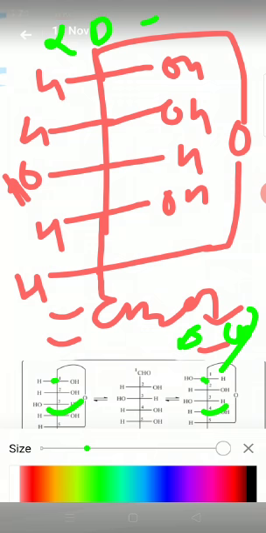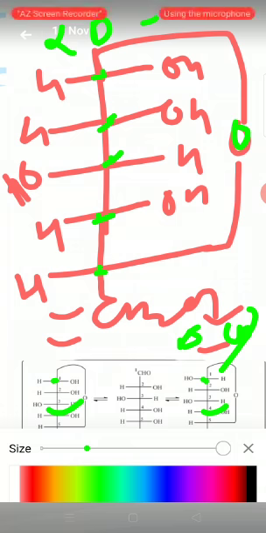Students, the cyclic structure of glucose contains 5 carbons and 1 oxygen. See here, this is carbon atom number 1, 2, 3, 4 and 5, and the 6th one is oxygen. Hence a 6-member ring structure is present in glucose, but one of the members is oxygen.